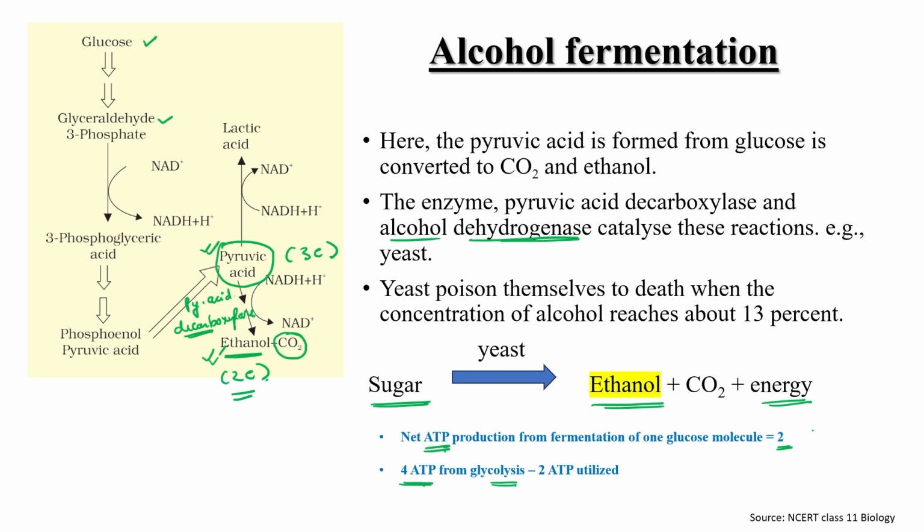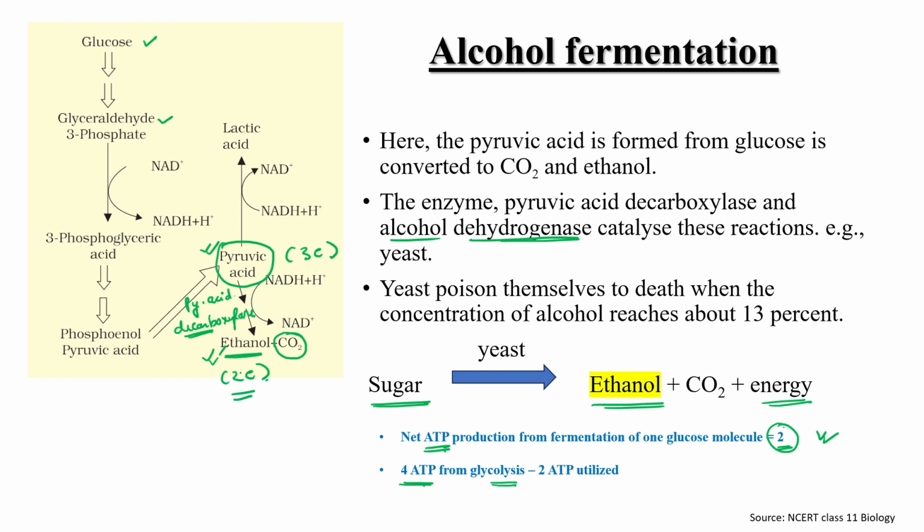So net gain 2 ATP. Clear? So in alcohol fermentation, conversion of pyruvic acid into ethanol occurs, carbon dioxide has been released, and some energy is also generated.